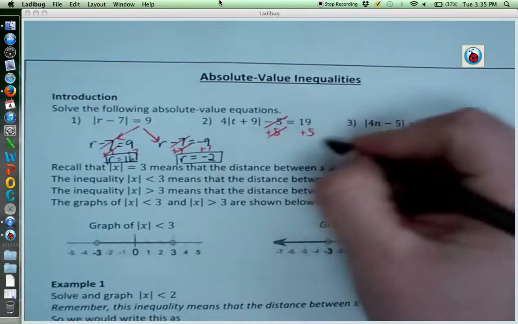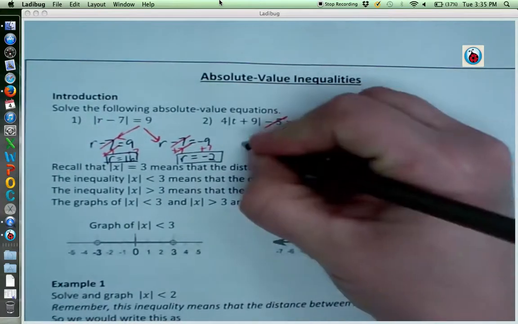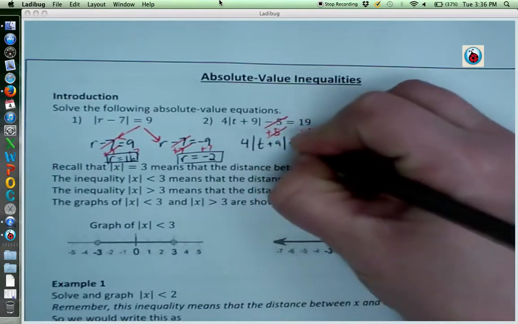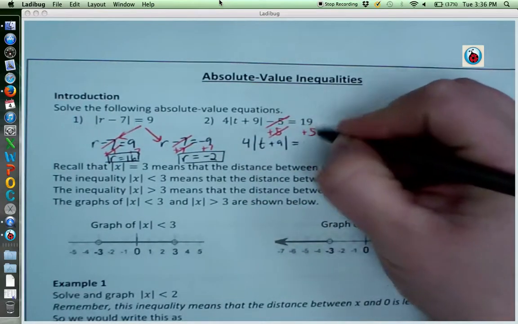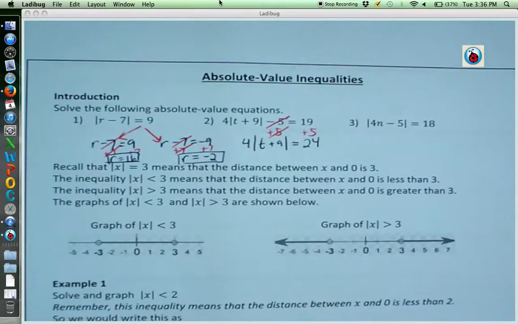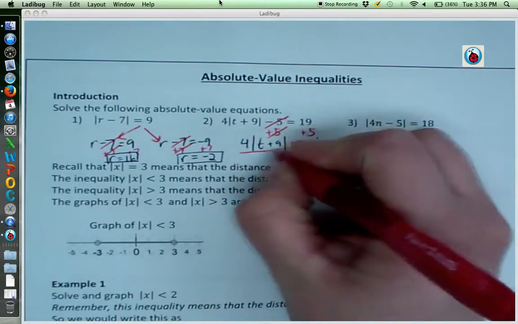Once I've added 5 to each side of the equal sign, I end up with 4 times absolute value of t plus 9 equals 19 plus 5 is 24. The absolute value is not completely by itself yet. In order to do that, I need to divide both sides by 4.